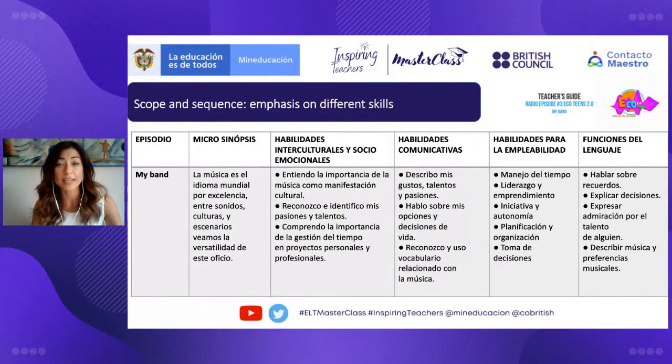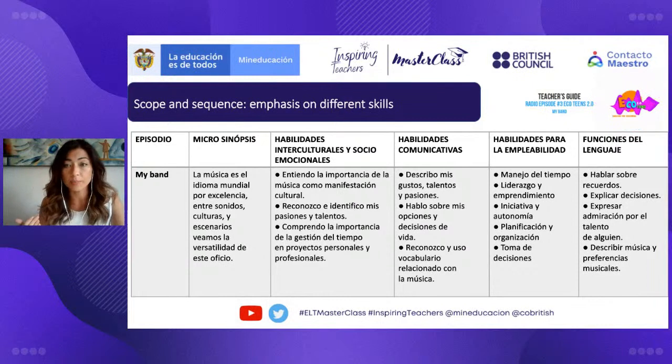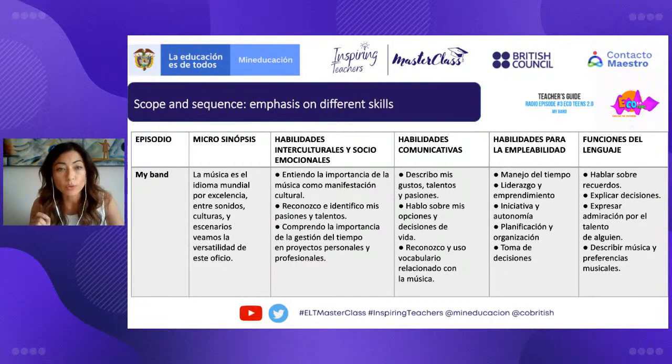But before I actually get into the technique itself, I invite teachers to check out the scope and sequence of the episode, right? In this scope and sequence, you will find a brief description of the episode itself, also the different skills that students can develop or that you can help your students develop.